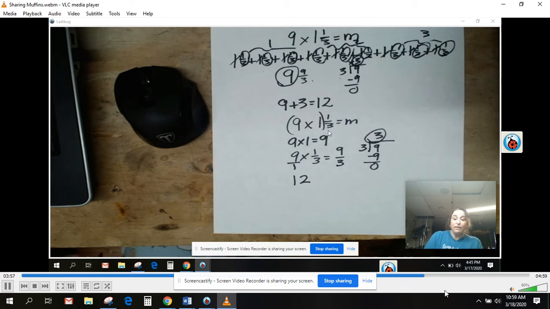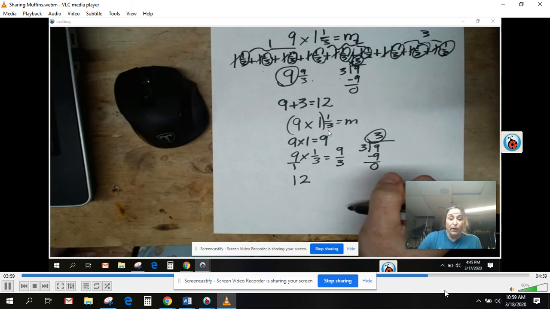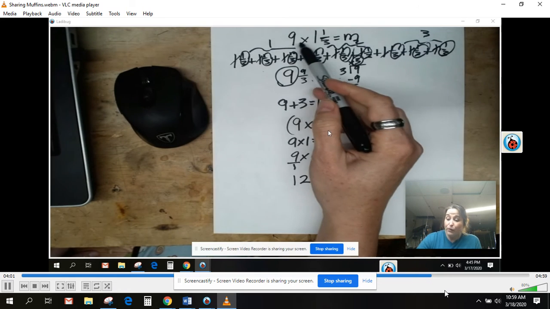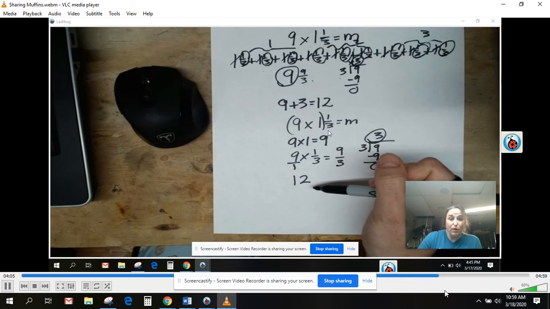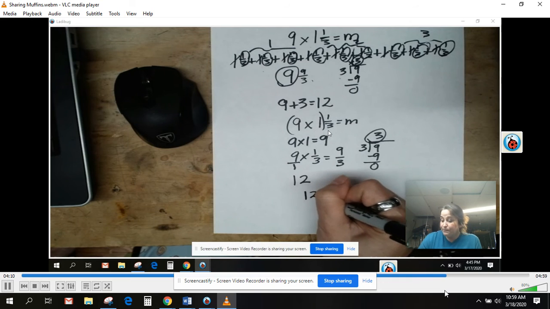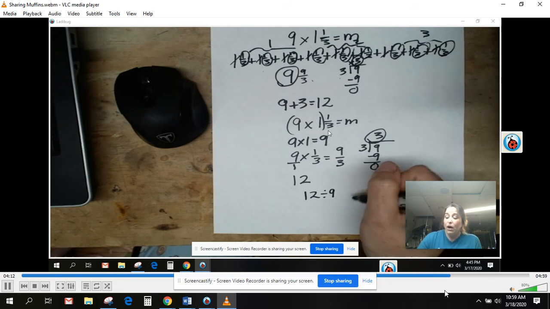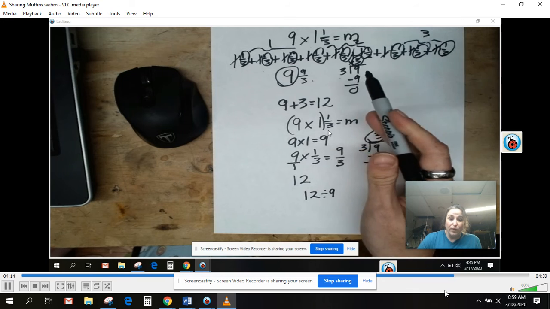Now, if you wanted to check that work, what you could do is take 9 groups of 1 and 1/3 equal 12 total muffins. Well, these 12 muffins are being shared with 9 people. So what we're going to do is take our 12 divided by our 9. Our goal is to hopefully get to 1 and 1/3.